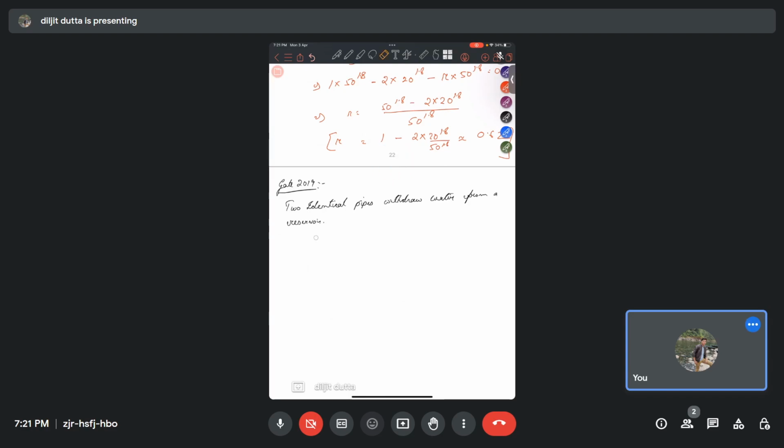In case 1, they are fed in series, and in case 2, they are connected in parallel. And in both cases they discharge freely to the atmosphere.